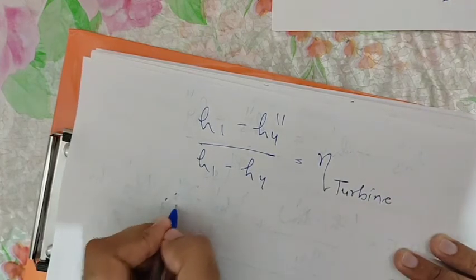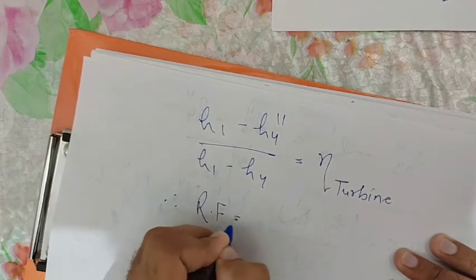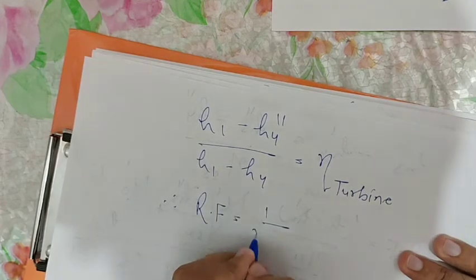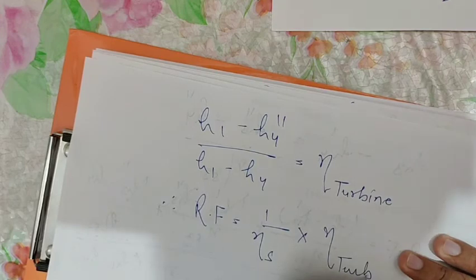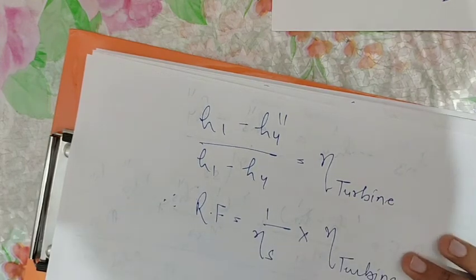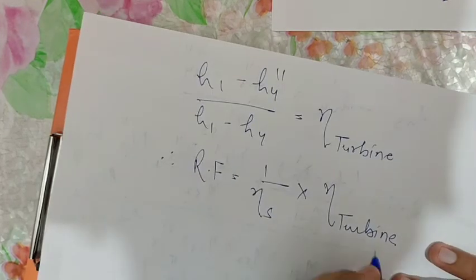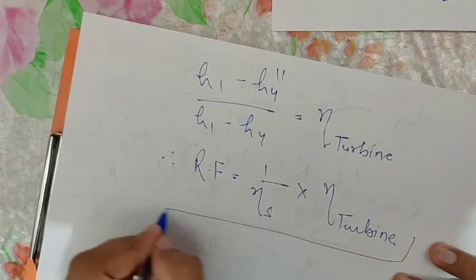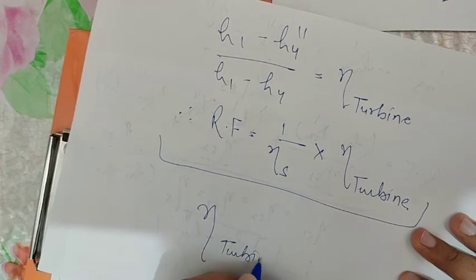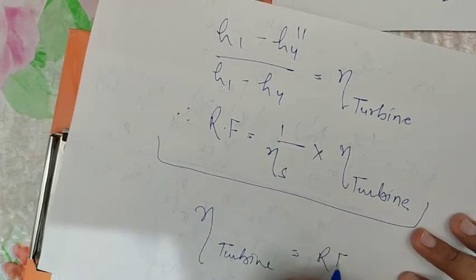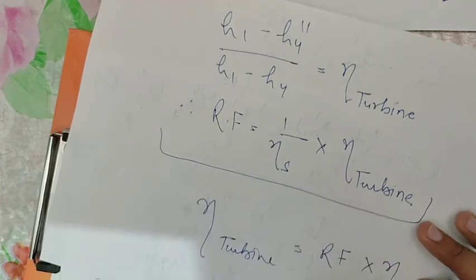So therefore RF can be written as 1 by stage efficiency into eta turbine. So from this relation we can find out eta turbine. Eta turbine is equals to RF into stage efficiency.